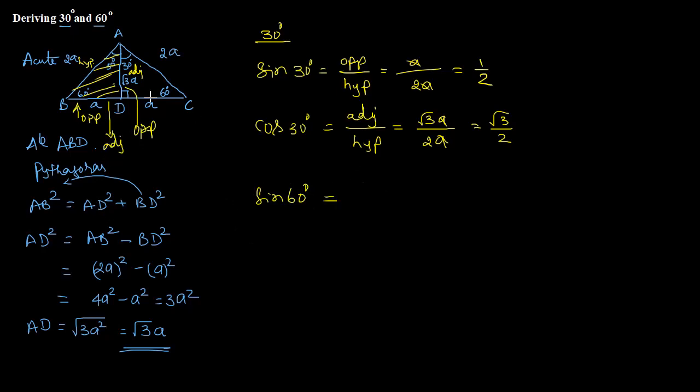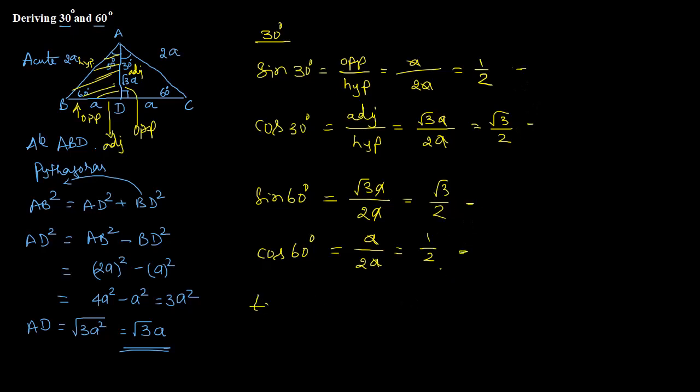So opposite is root 3a divided by hypotenuse 2a, a gets cancelled, root 3 by 2, and cos 60 is adjacent a divided by hypotenuse 2a, that gets cancelled, 1 by 2. As you can see, these values have changed from 60 to 30, 30 to 60.